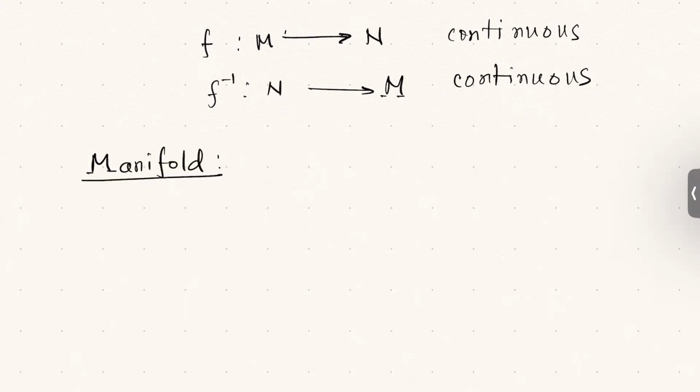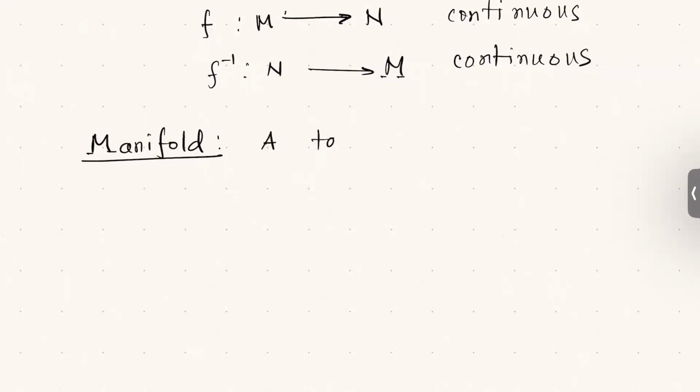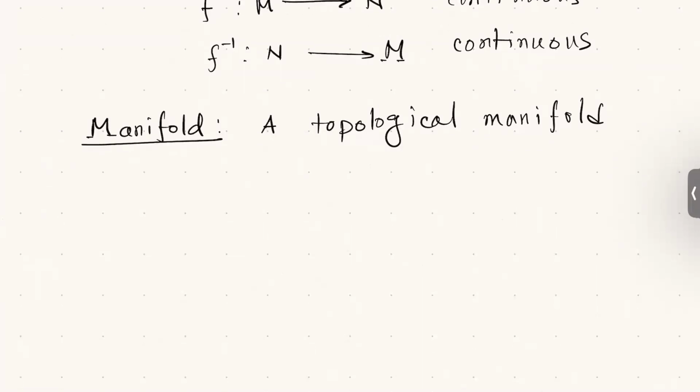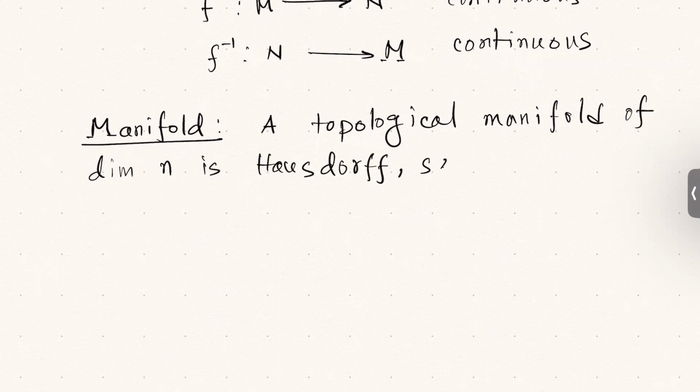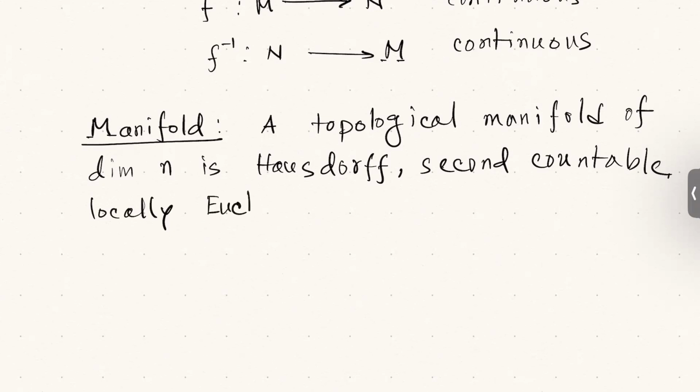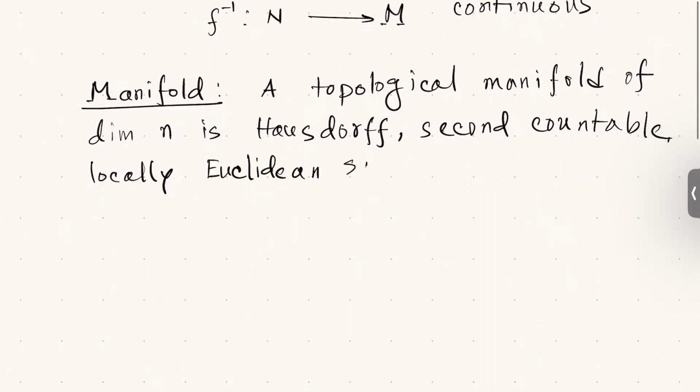Manifold. A topological space manifold of dimension n is a Hausdorff, second countable, locally Euclidean space of dimension n.